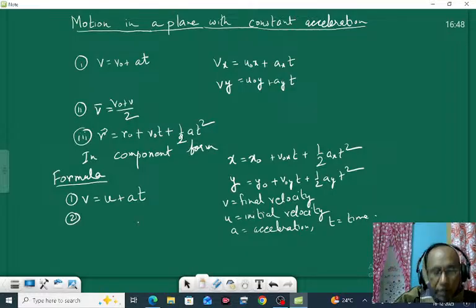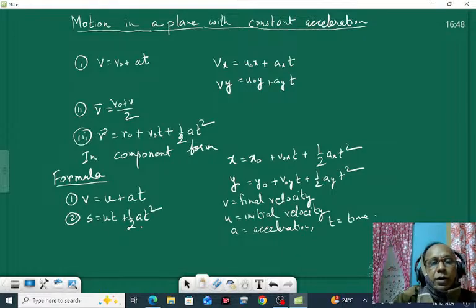Number 2 we can find as s is equal to ut plus half at square. Here s is the displacement, u is the initial velocity.